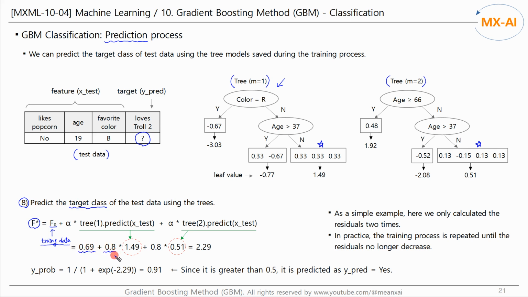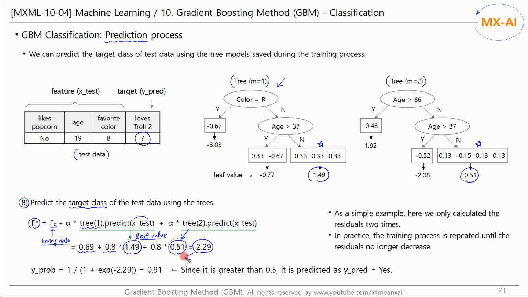And when this test data is fed into the first tree, the leaf value is 1.49. And the leaf value of the second tree is 0.51. Therefore, the log odds f for this test data point is estimated to be 2.29.